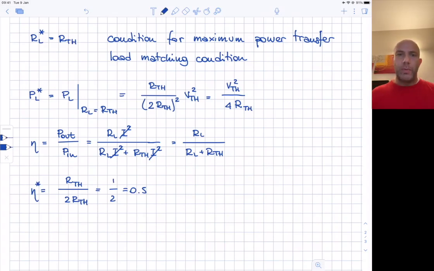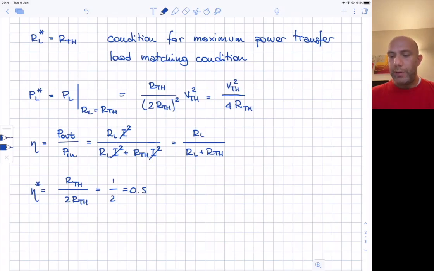So the point from the engineering point of view is that we have to decide if we want to work in the condition of maximum power transfer or in the condition of maximum efficiency. In some cases, it's useful to work in the condition of maximum power, or in other cases, the efficiency plays the most important role, and so we have to increase the efficiency as much as possible.